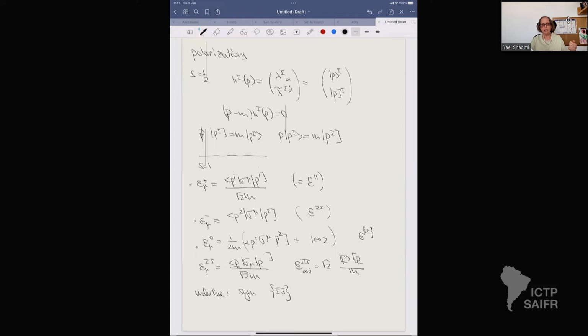Anytime you make an anti-symmetric combination, you get a singlet, and so the only non-trivial thing is to take a symmetric combination. This may sound a little mysterious because we haven't really talked about what this SU2 is, but I'm being maybe ahead of myself a little bit, just keep this in mind.